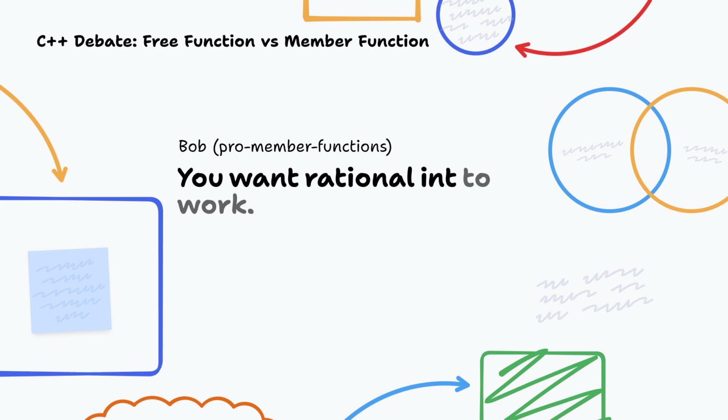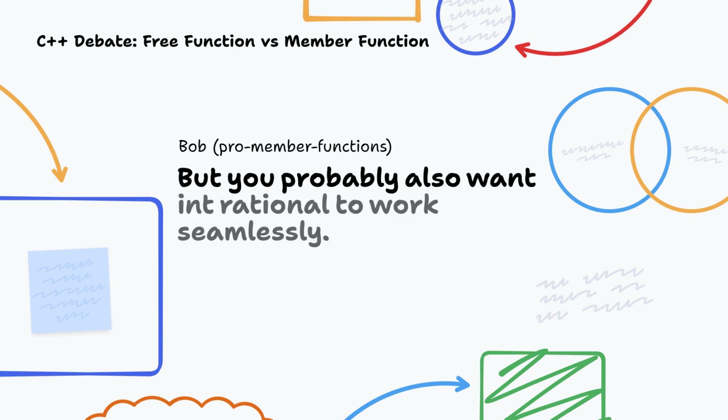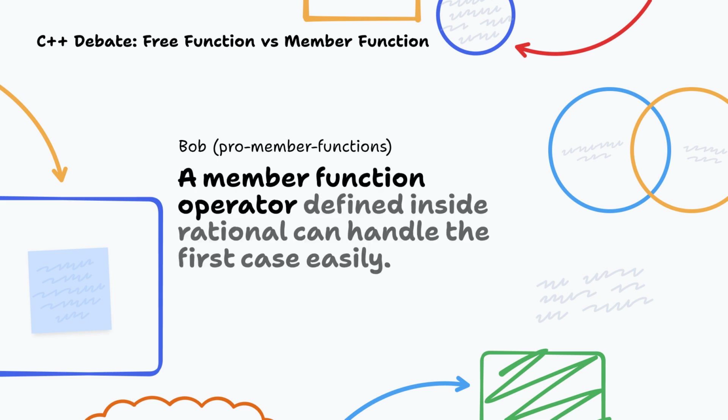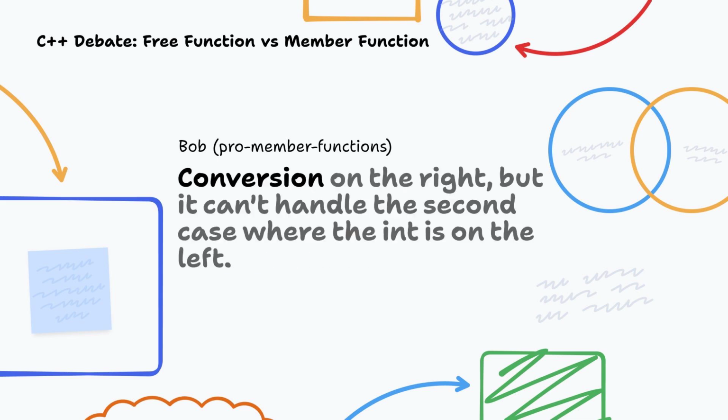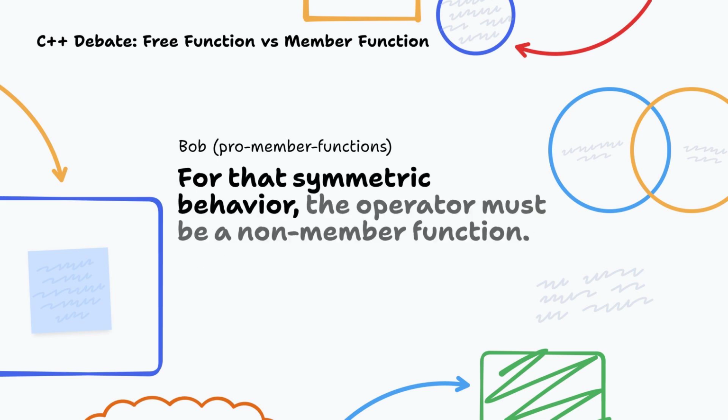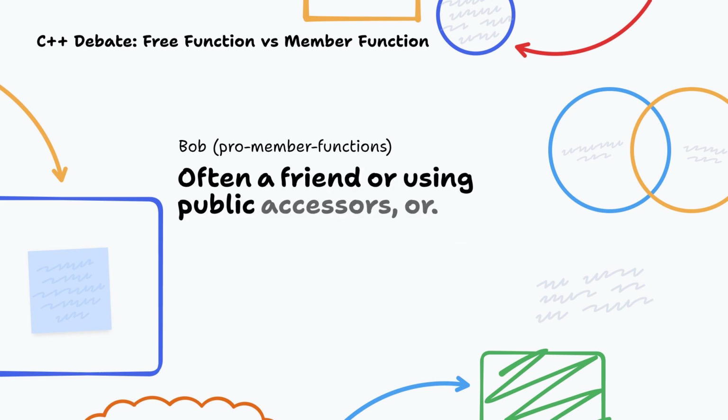You want rational * int to work, but you probably also want int * rational to work seamlessly. A member function operator defined inside rational can handle the first case easily, conversion on the right, but it can't handle the second case, where the int is on the left. For that symmetric behavior, the operator must be a non-member function, often a friend or using public accessors.